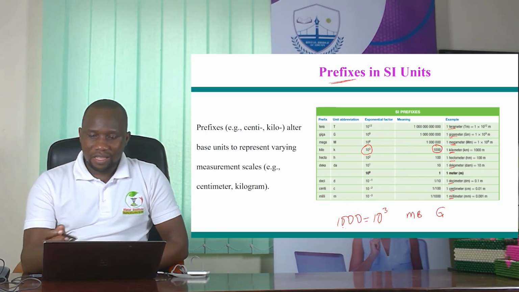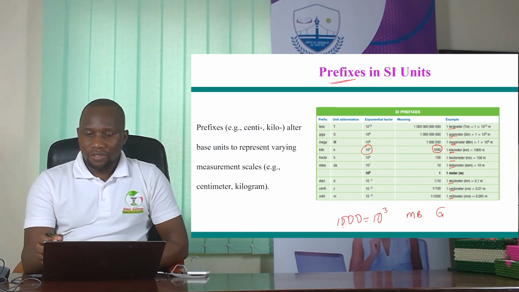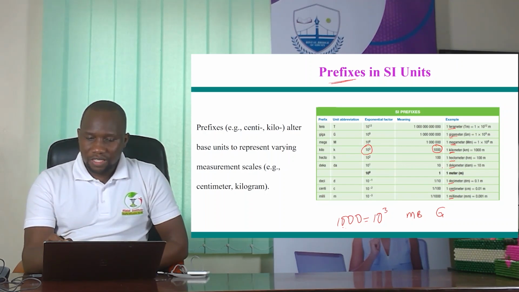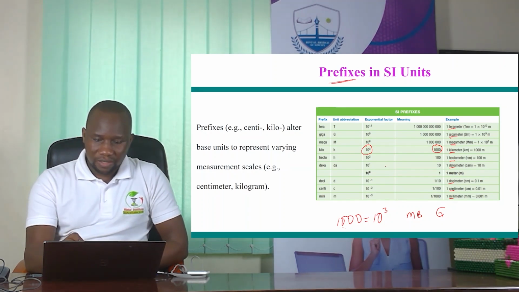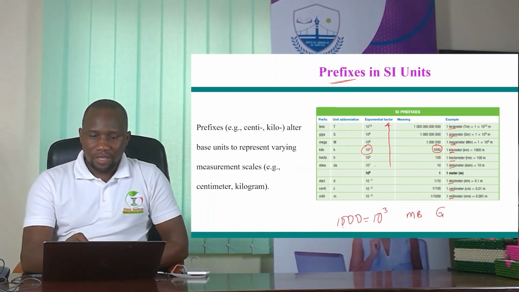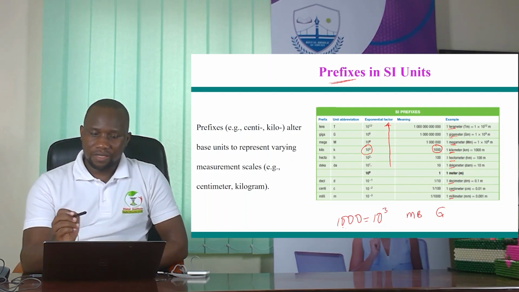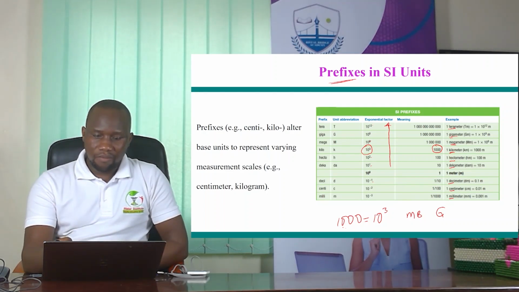Which other example can we use that we always use very much? From this point going upwards, you can notice that the power is positive, and from this point going downwards, the power is negative.